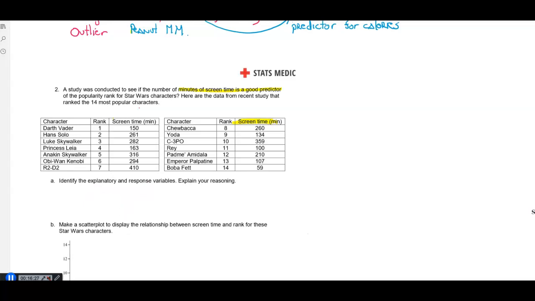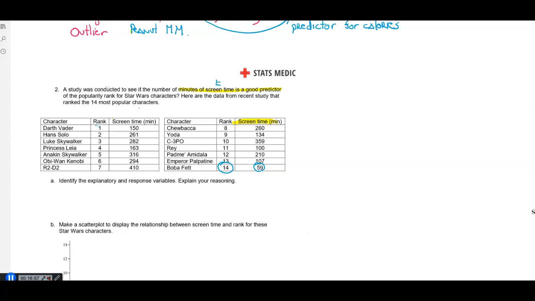Darth Vader's got 150 minutes of screen time in the different Star Wars movies, and he's the most popular character, whereas Boba Fett had 59 minutes. He's the least popular.